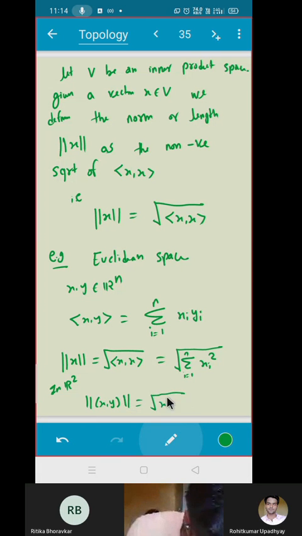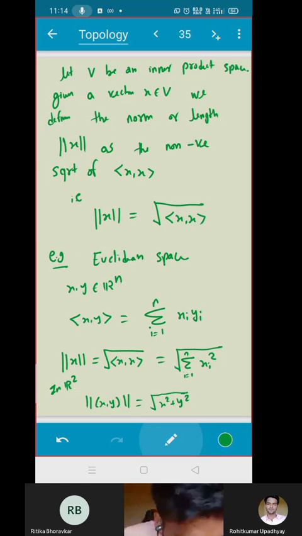Do you see it is quite similar to the length, which in complex numbers we used to call modulus. This is the length of the vector. We are just extending the notion of that only. So what is norm? It is called length, and the definition is the square root of the inner product of x with x.